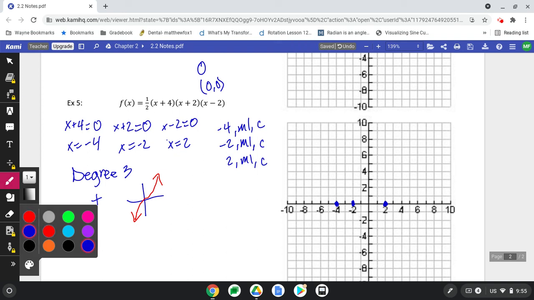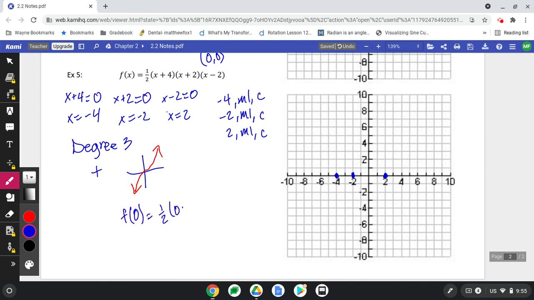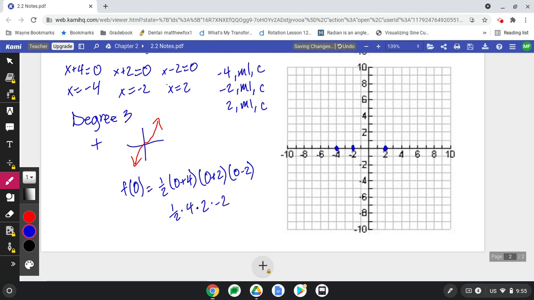All right, and to find our y-intercept, we plug in f of 0, so 1/2 times 0 plus 4 times 0 plus 2 times 0 minus 2, so 1/2 times 4 times 2 times negative 2. 1/2 of 4 is 2, 2 times 2 is 4, times negative 2, that gives us negative 8. So our answer, 0, negative 8.